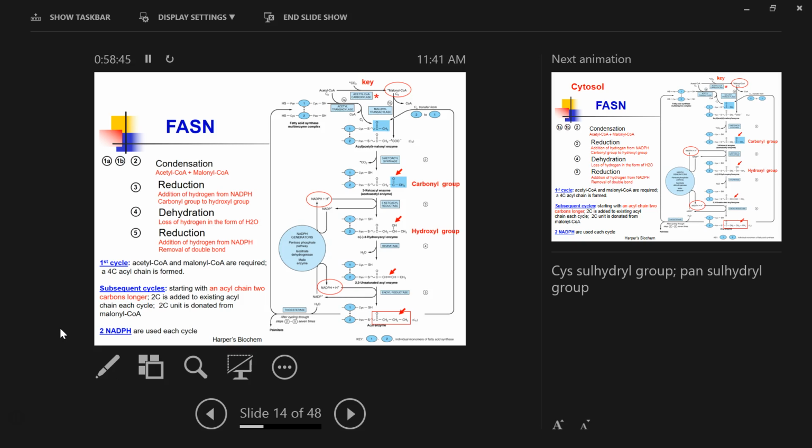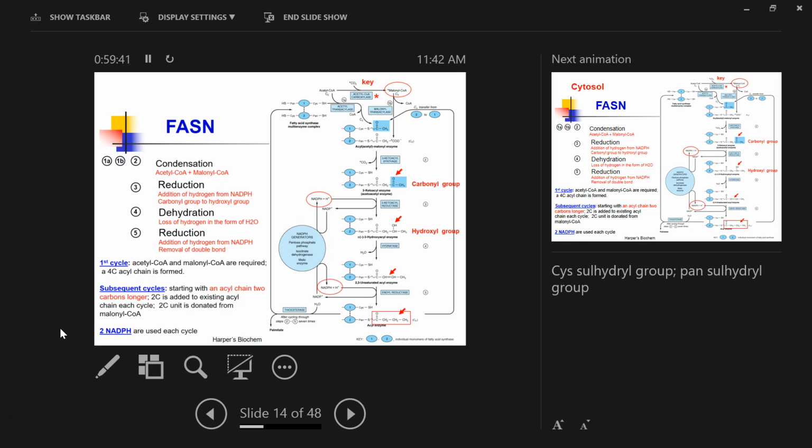Then in the second and subsequent cycles, this acyl group is added to the cysteine SH end instead of the acetyl group. Malonyl-CoA continues to be required for the subsequent cycles, still adding to the pantetheine end, and doing the same reactions again, so it goes in cycles. Each cycle you're adding 2 carbons, extending the acyl chain by 2 carbons.